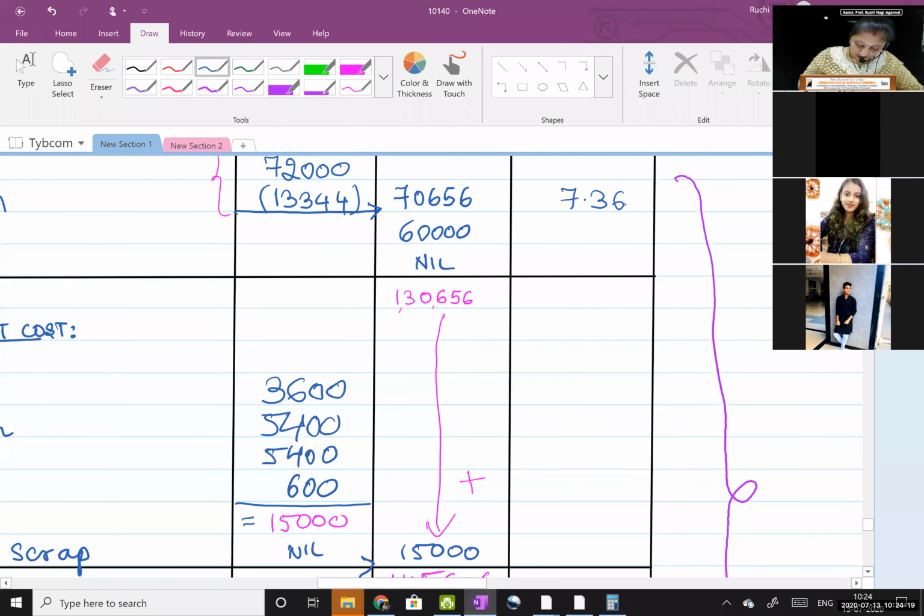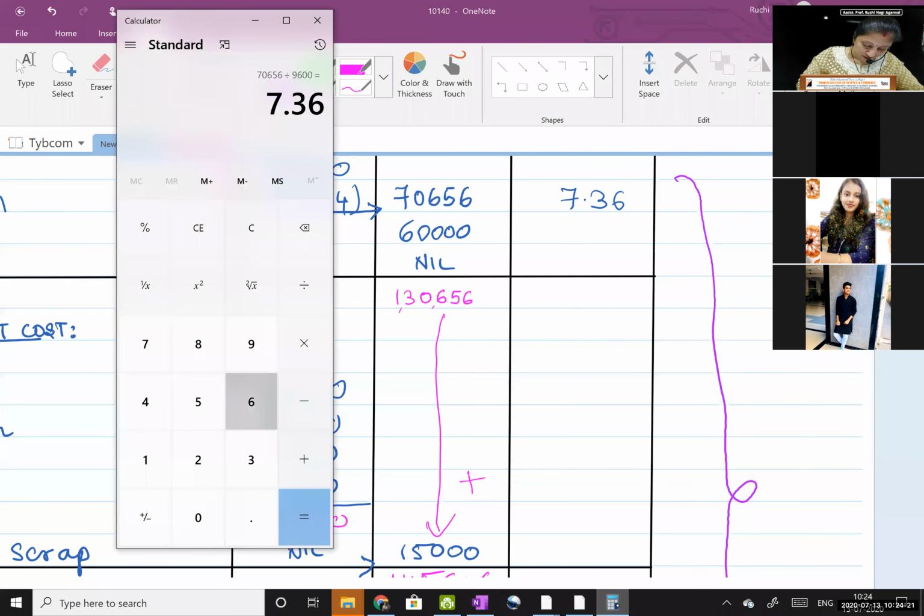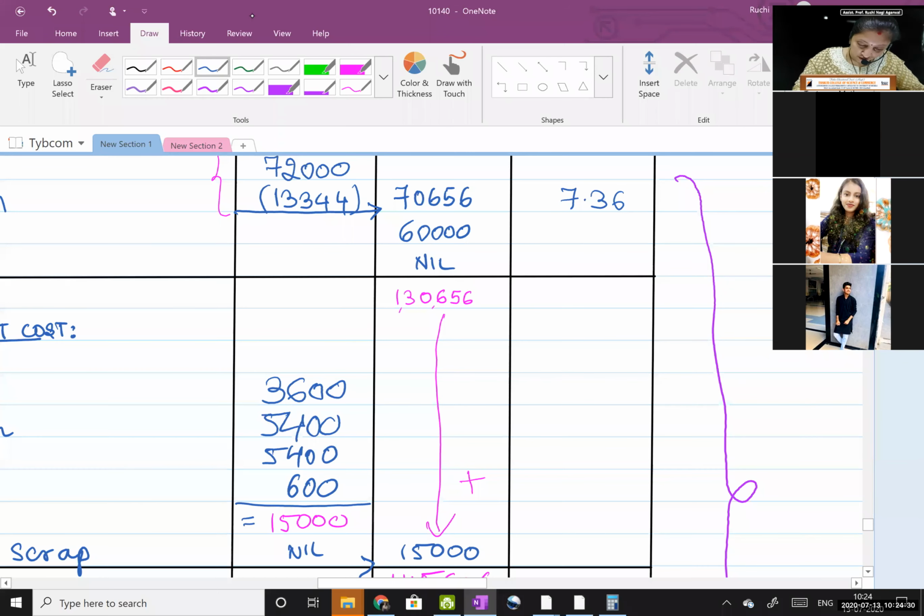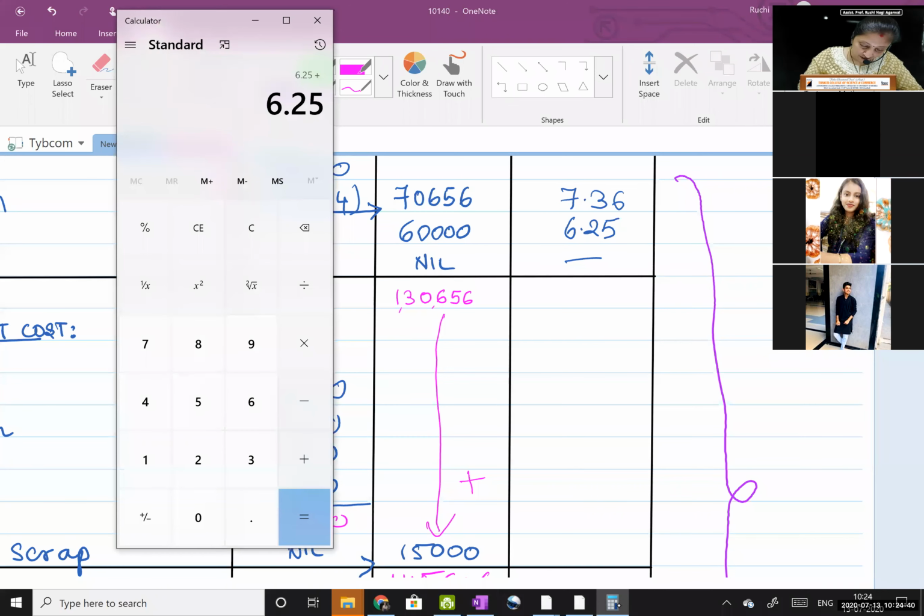Next, direct wages: 60,000 divided by 9,600, amount divided by units produced, so 6.25. Direct expenses not given, put a dash. Then you can add 6.25 plus 7.36, which is 13.61.